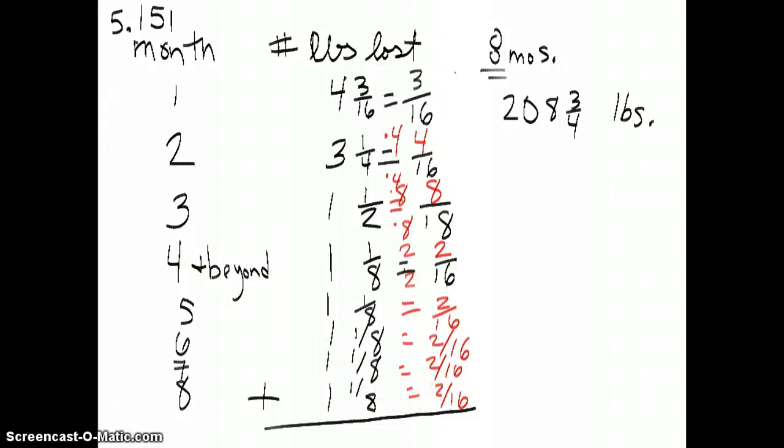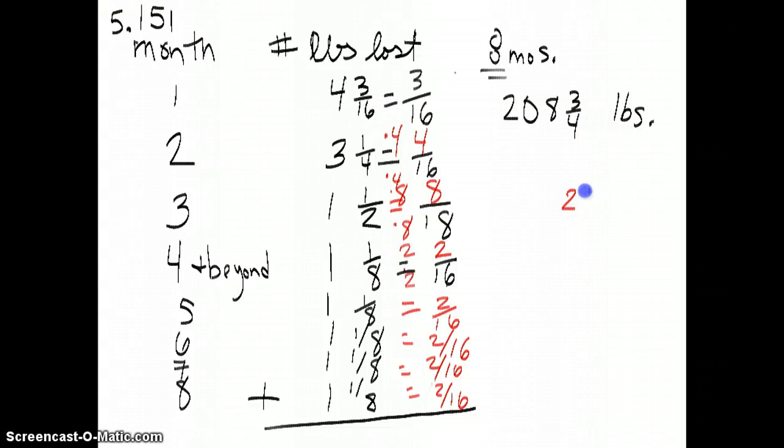Okay, good. So we're going to add all of these numbers, and we've got 3 plus 4 is 7, plus 8 is 15, plus 2 is 17, plus 2 is 19, plus 2 is 21, plus 2 is 23, and plus 2 more is 25.